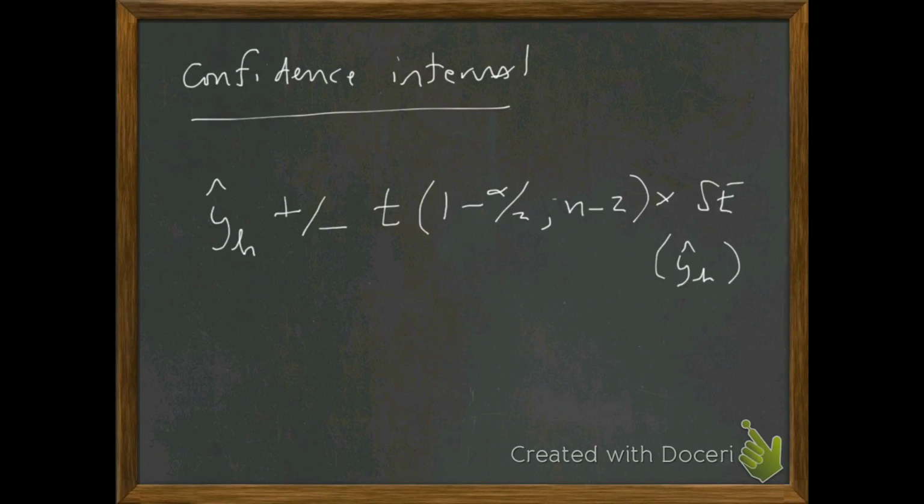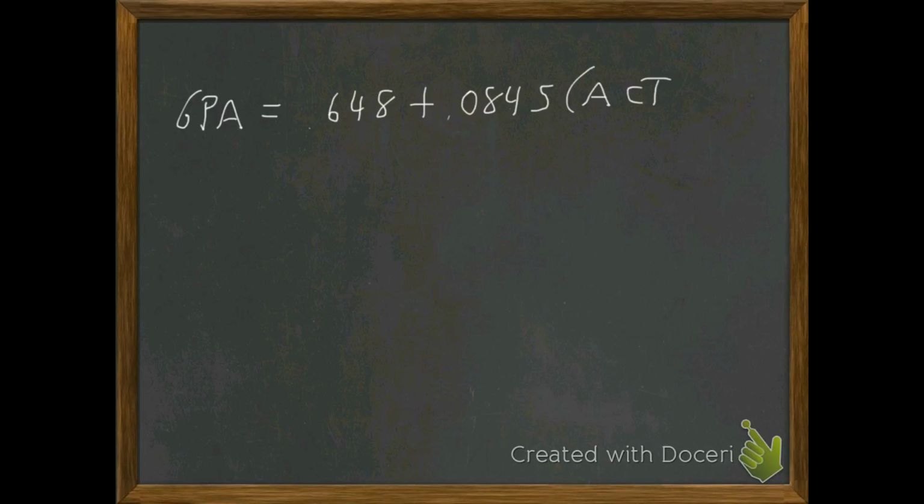All right, guys. Let's just come up with a kind of a new model, and let's say that we could predict our GPA by taking 0.648 plus 0.0845 times our ACT.